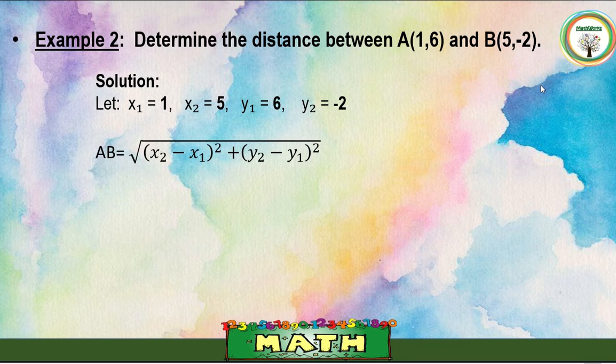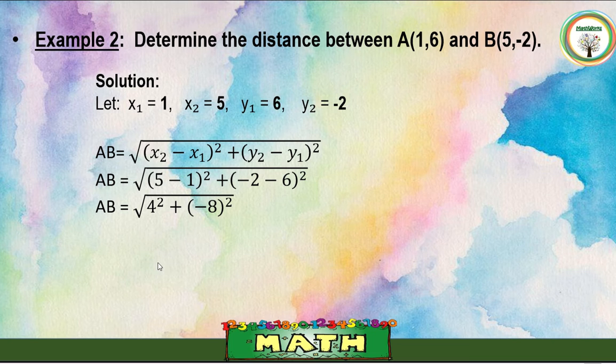Applying the formula, then substitute our values. We have AB is equal to the square root of x sub 2, which is 5, minus the value of x sub 1, which is 1, quantity squared, plus the quantity of y sub 2, which is negative 2, minus the value of y sub 1, which is 6, quantity squared.